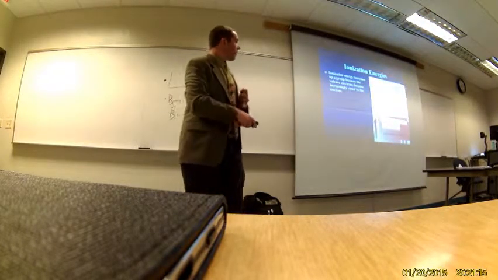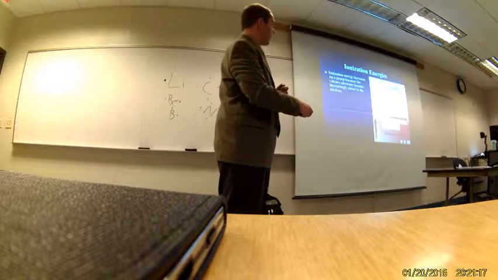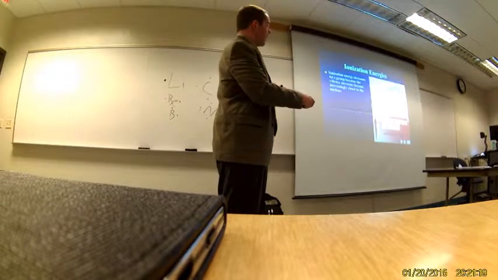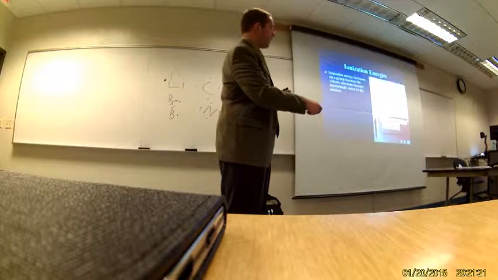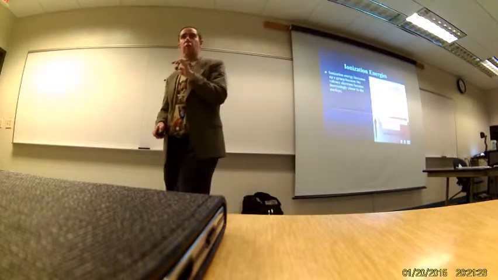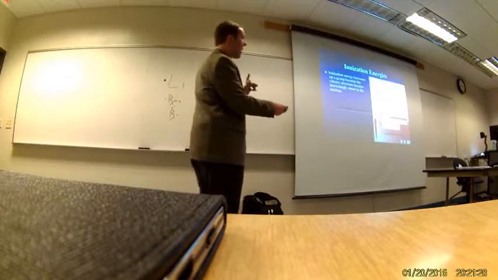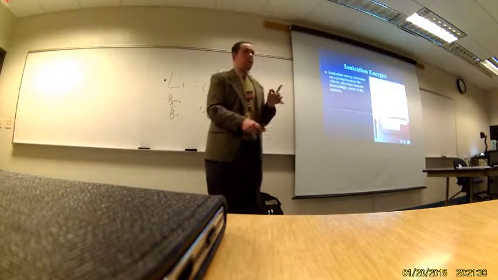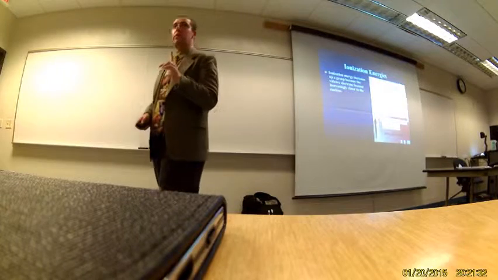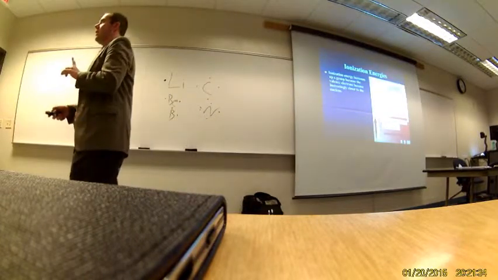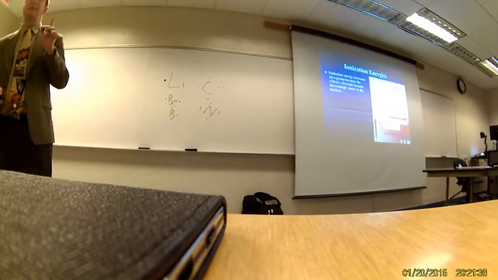Okay, so here is our trend again. As you go from left to right, ionization energy goes up. As you go from the bottom to the top, it goes up. So the way I remember this is which corner is the highest?